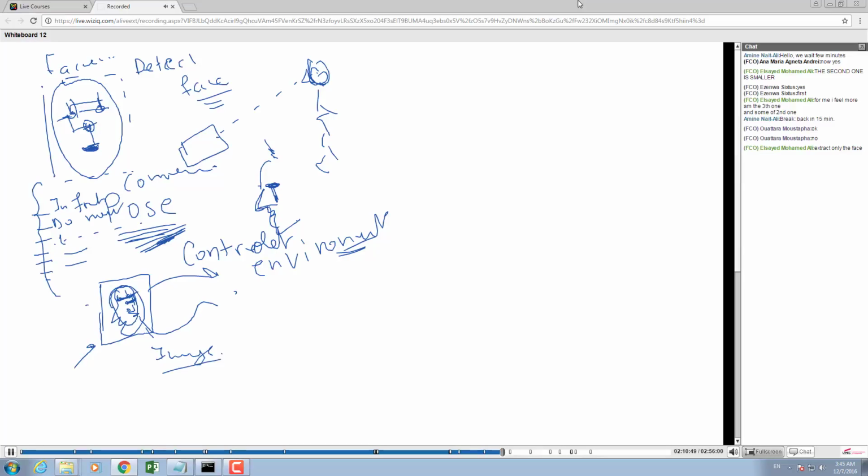I cannot extract features because I have a problem with pose. This person is not in front. I cannot measure the distance between the eyes, the distance between the eyes and the nose, and so on. So here, the image provided is of bad quality.